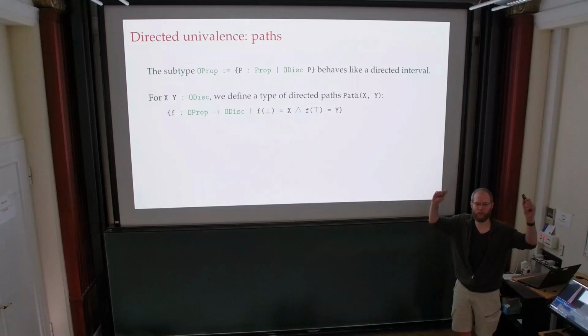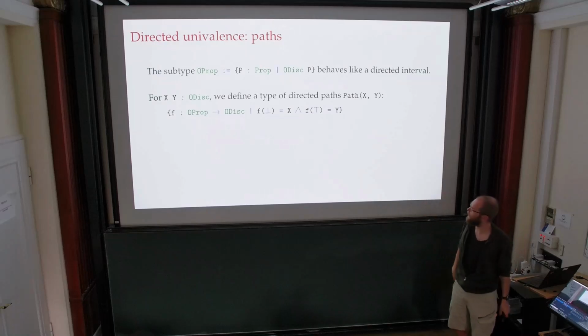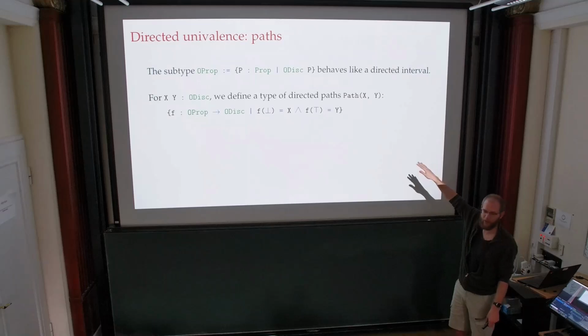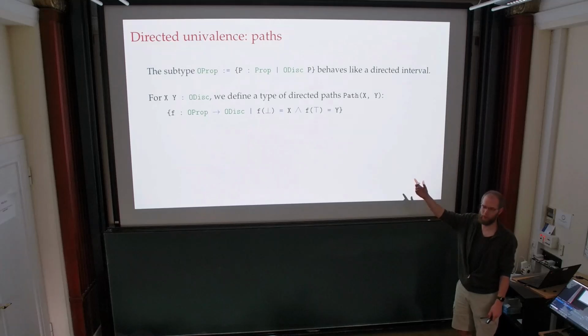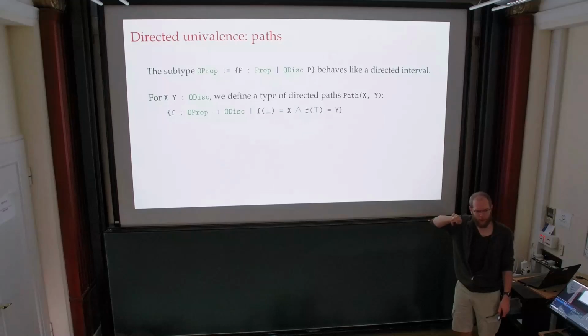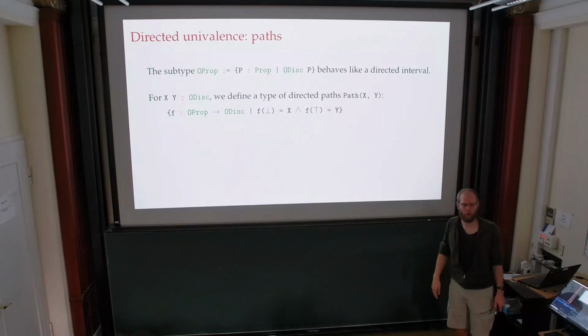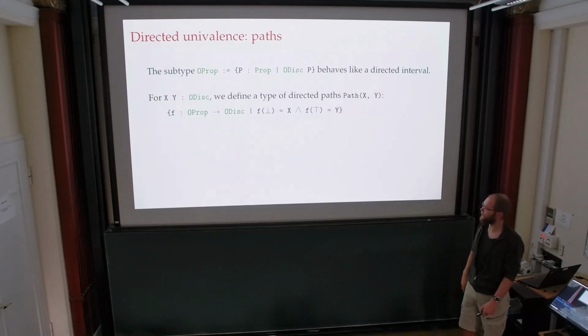So the endpoints go to x and y, and, well, do or do not think about the stuff in the middle, but I claim this is going to be a directed path. And why is it directed? Because false implies true, but true doesn't imply false, right? So there is some sort of arrow in OProp. OProp is a category. Very simple one maybe, but still.